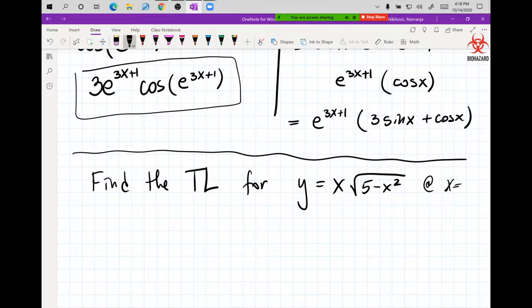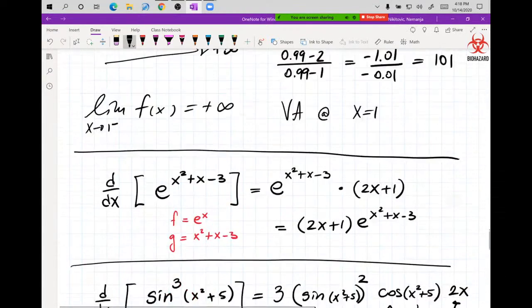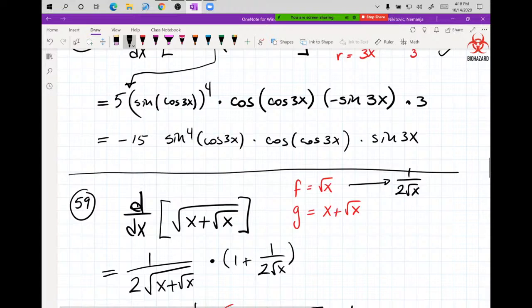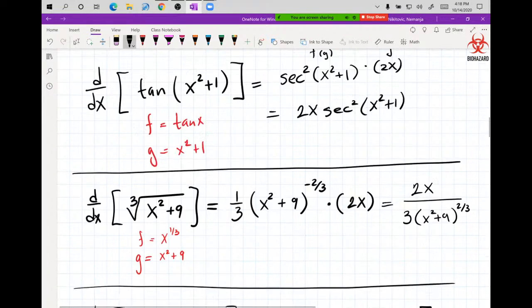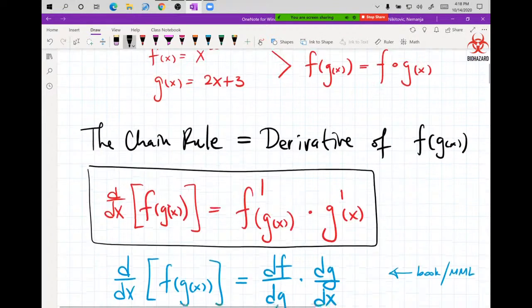So the second one in the book. This is problem 92. Have I done this? No, we only did the vanilla examples. Okay, good.